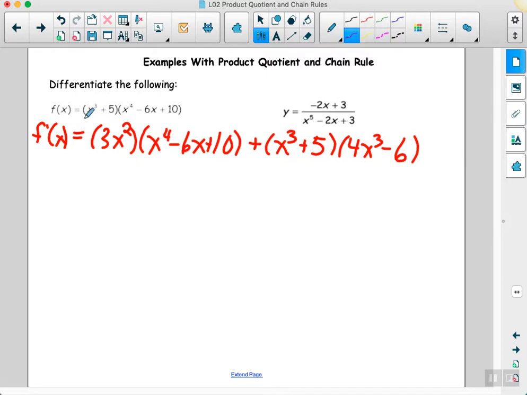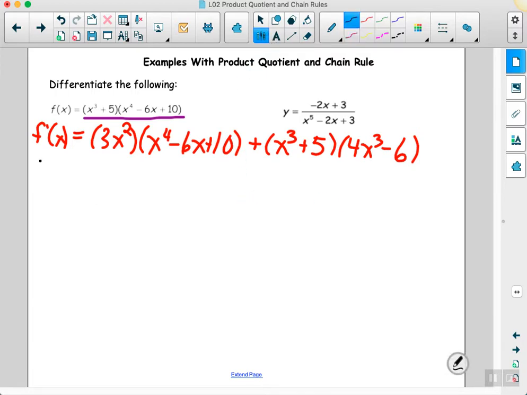I'm recognizing that that's a product. So I'm going to have to take the derivative of the first factor, which is 3x squared, multiplied by the second factor, plus the first factor multiplied by the derivative of this. Maybe I should show you, because you have to decide in university how much work to show.